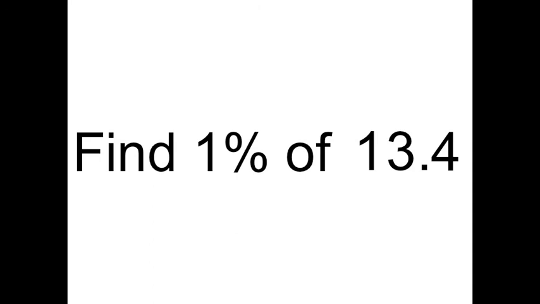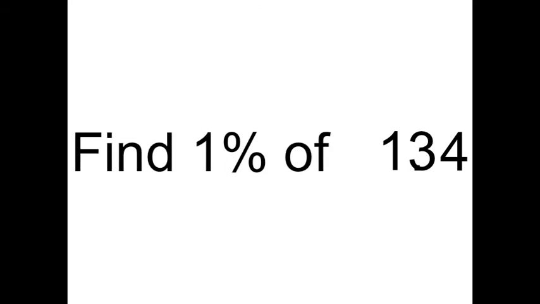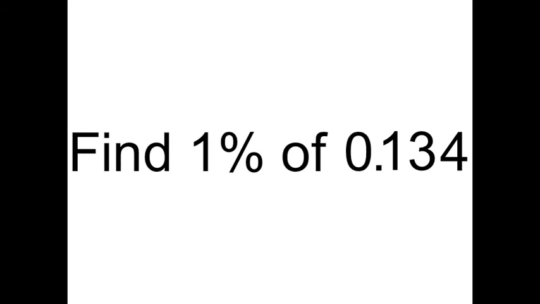Now we have a decimal point within the number itself. It's still the same rule. I still move that decimal point over 2 place values to the left. So 1% of 13.4 would be 0.134.